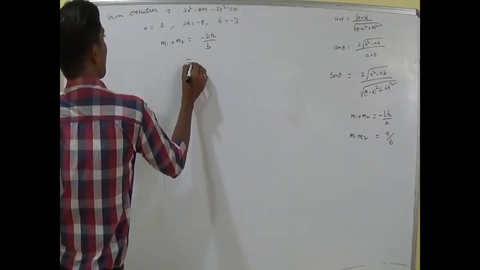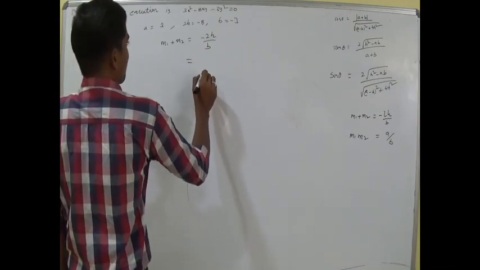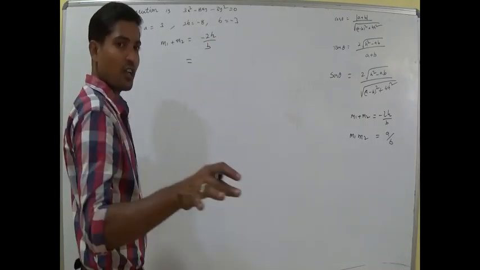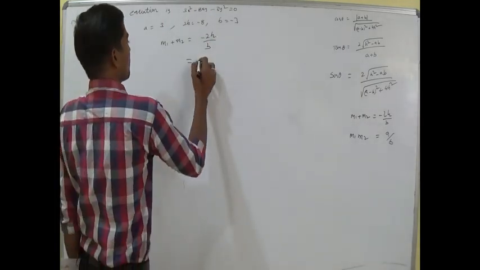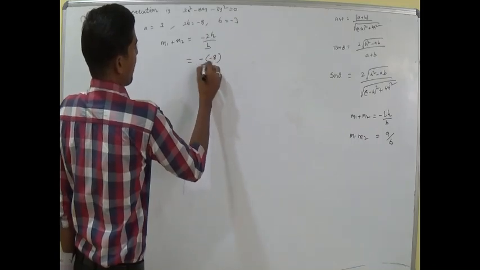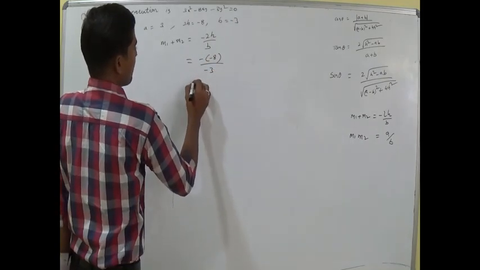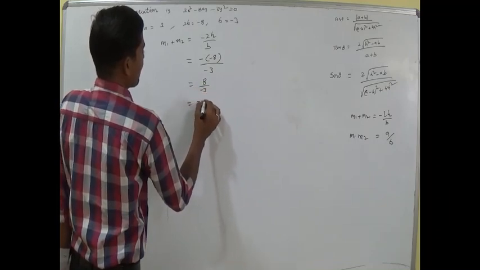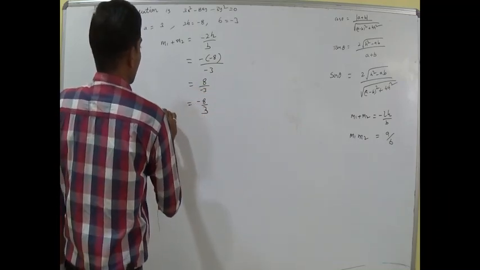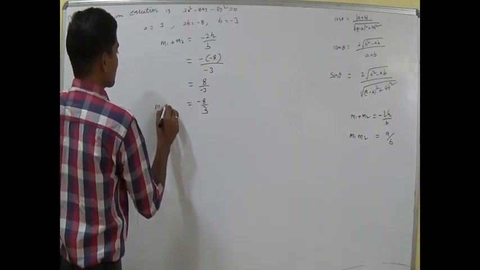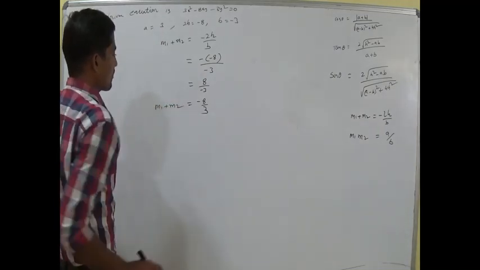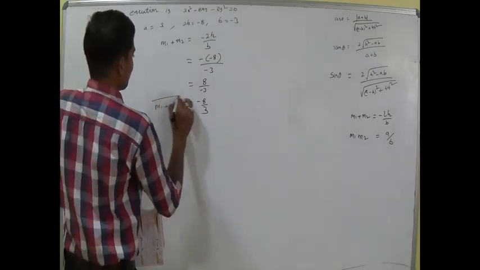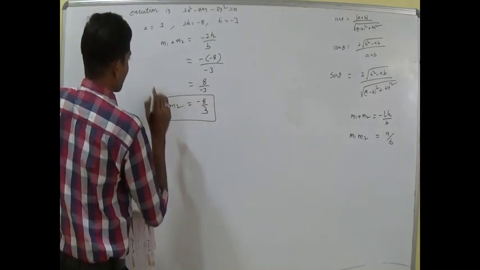So minus 2h is equal to minus of minus 8, that is 8 by minus 3, which is equal to minus 8 by 3. That is m1 plus m2, right? That is option 1. This is a correct answer.